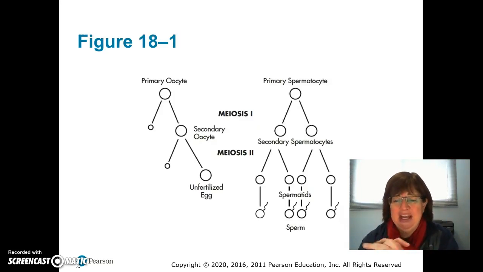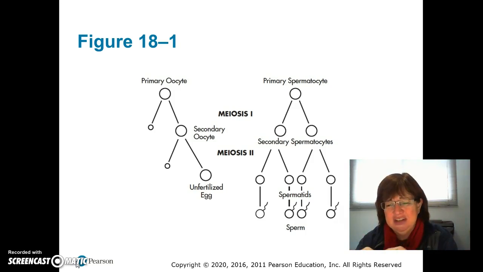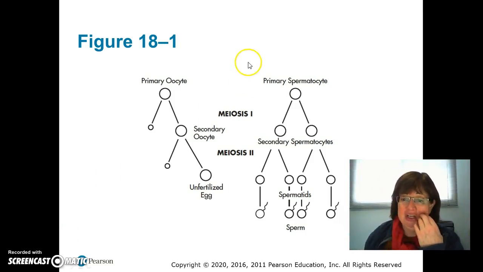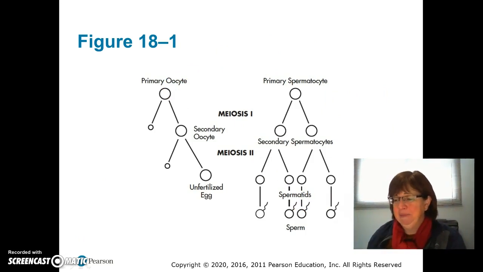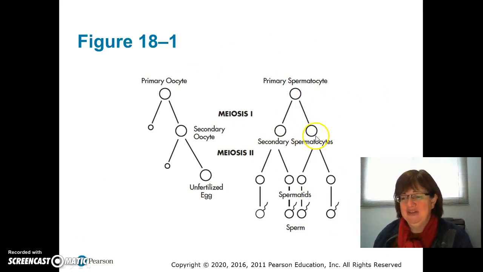So when you look at the formation of an egg versus formation of sperm, it's a little different in the fact that females put all their cytoplasm into one egg. Let's look at the male first because it's a little easier. With the male, the cells divide evenly, and then each of those cells divide evenly, and you get 4 sperm of identical size.